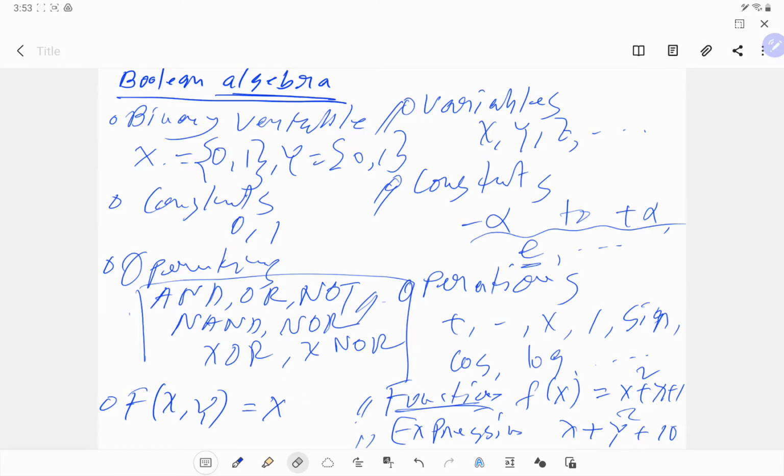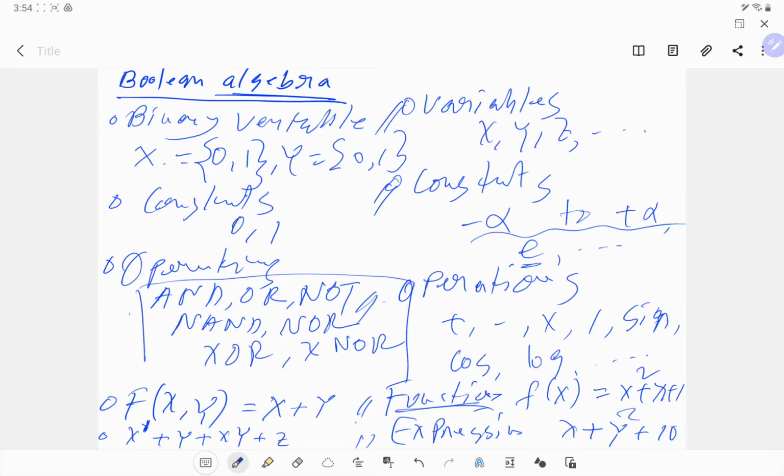So we can say a or y, right? It's a function. Now an expression like x prime plus y plus xy plus z. So this is a typical expression. There are smaller expressions, larger expressions, so different types of expressions. Now I believe the Boolean algebra is defined.